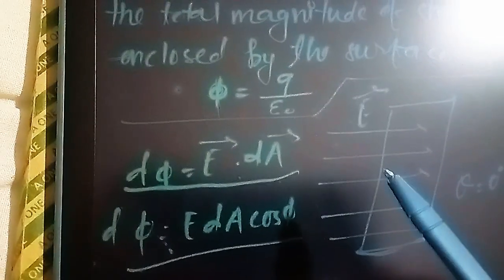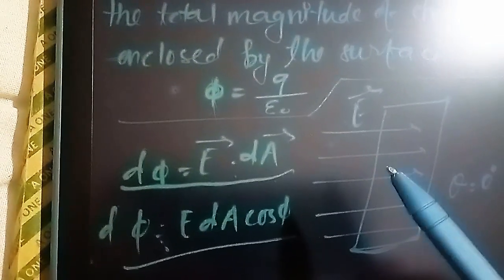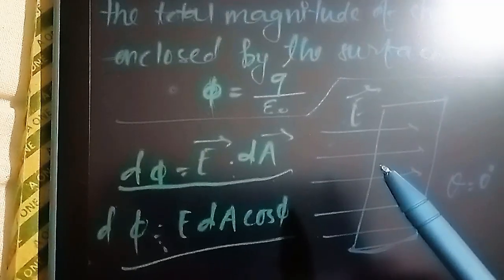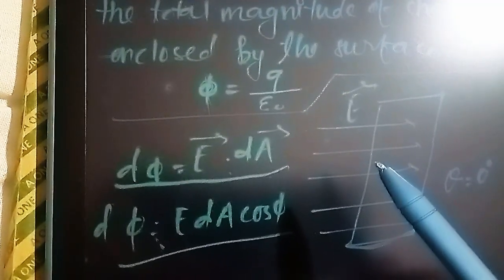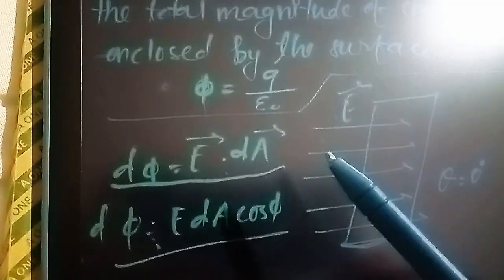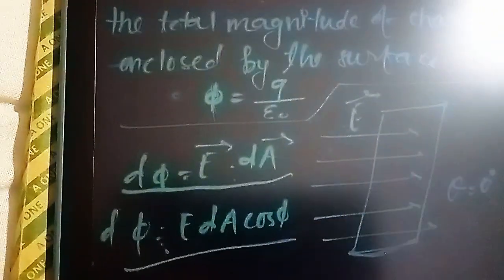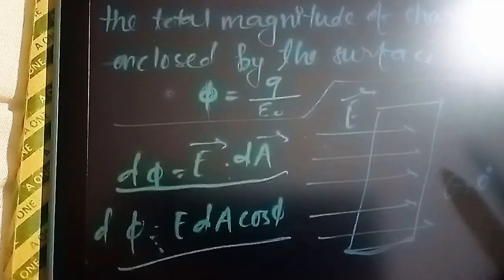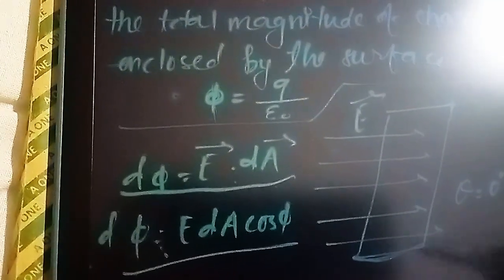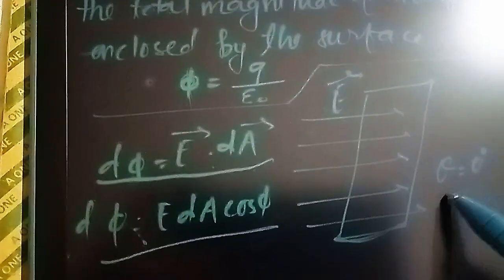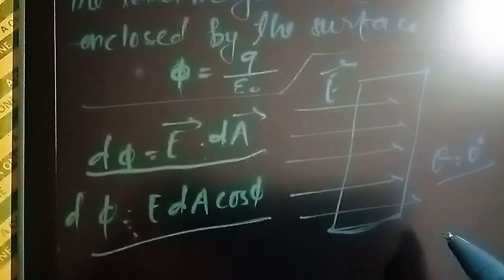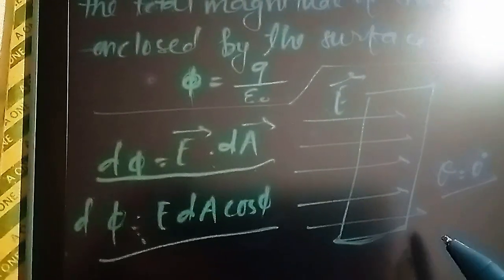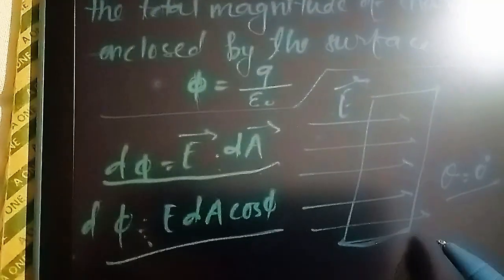E means electric field and dA means a small change in area. So this is the formula of electric flux. Electric flux is defined as the electric field and the area of the object in the field. As you can see from the figure, theta is 0 degree, so cos 0 degree is 1. So d phi is equal to E dA, which is maximum.